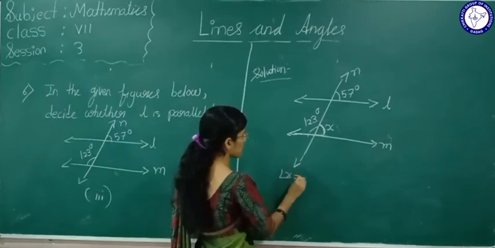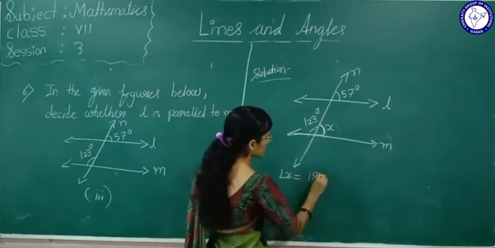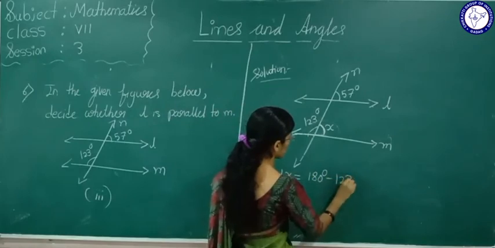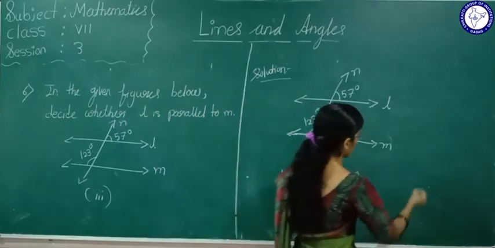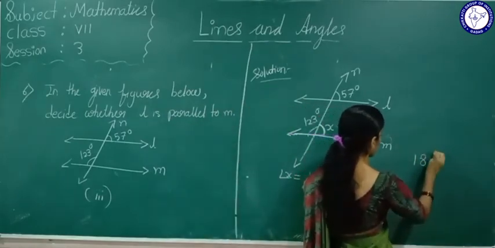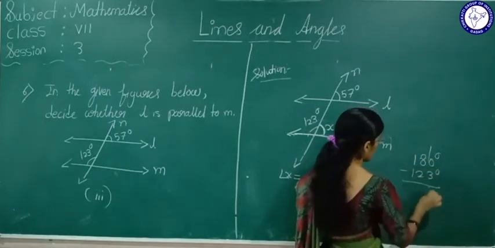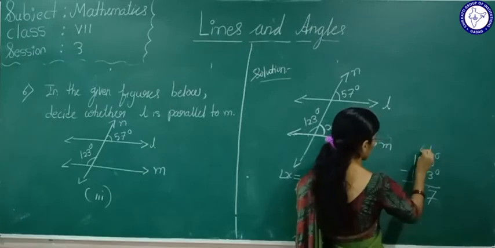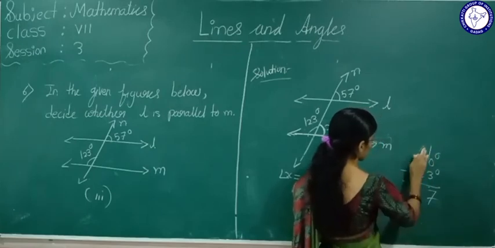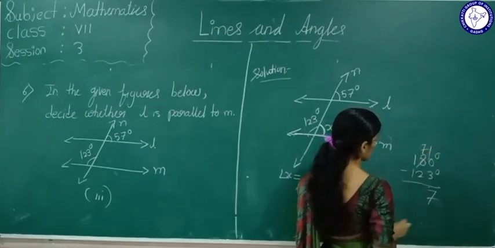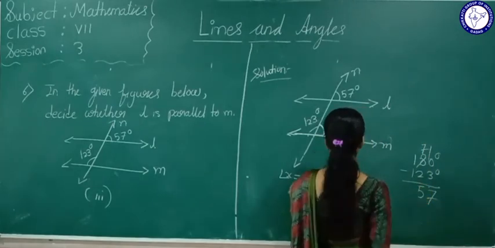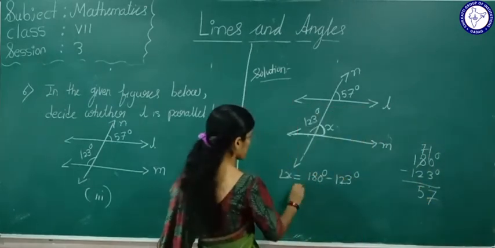Angle X is equal to 180 degree minus 123 degree. So what is that? 180 degree minus 123 degree. 10 minus 3 is 7. It will become 6, sorry, it will become 7. 7 minus 2 is 5. It is nothing but 57 degree.